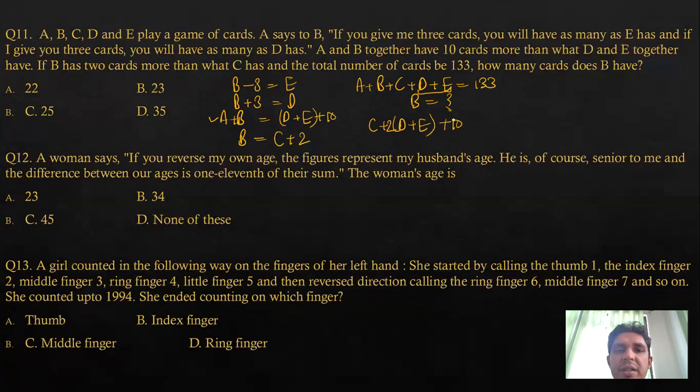We can make the equation like this, equal to 133. Here the value of D we can find. First of all, for C we can write B minus 2, and for D we can write B minus 3.